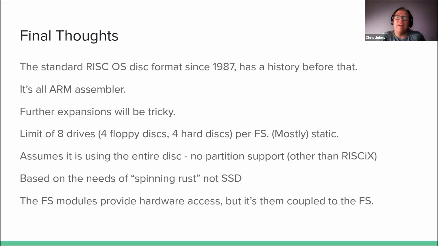But then the only way you can ever access data on those drives would be via Filecore. So it was doing two things. It was the file system layout, but also how you talk to hard drives. So it was a bit of a mix of stuff. Yeah, so that's where we are.